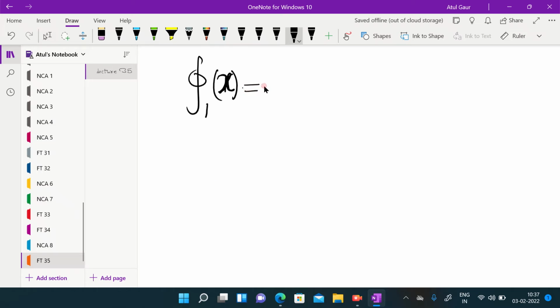Locate those. Yes, anyone? Can't you locate an element in a field whose multiplicative order is 1?